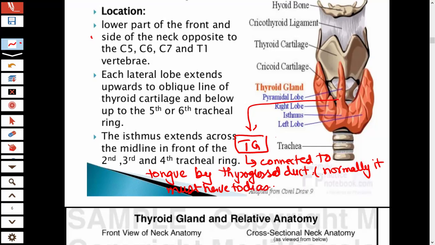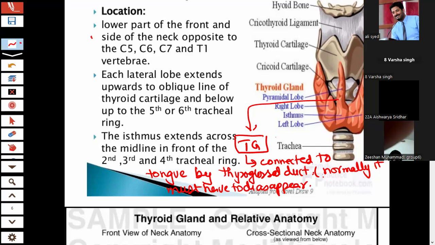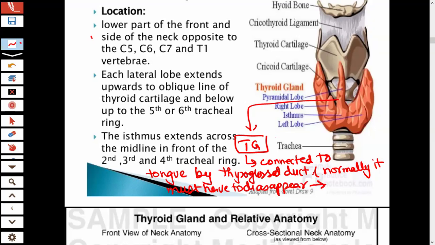But if it is not going to disappear, what can happen? It can result in a formation of thyroglossal cyst, okay, and it can lead to the formation of what? Pyramidal lobe of the thyroid gland. Okay. So if anyone is going to ask you what is this pyramidal lobe of the thyroid gland, you can say, see here, thyroid development, where is it?